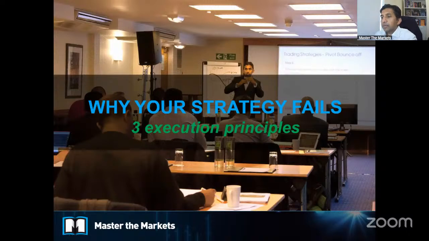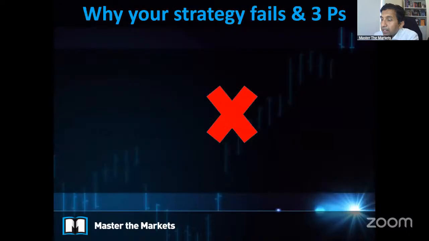Good. I think with that said, let's go on to today's topic: why your strategy fails and the 3 execution principles to overcome that. Now, the 3 main reasons why people are inconsistent, their strategy fails, and they keep chasing and waste 10-15 years doing that, is because first, you don't know the HMV number. You don't know how much move is left on a particular trade when you enter it.